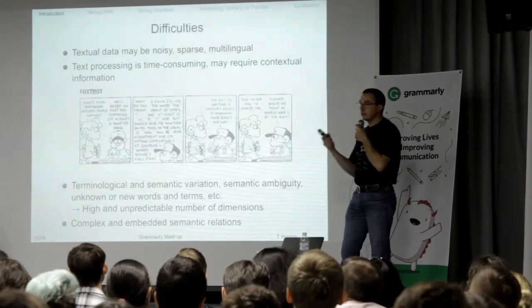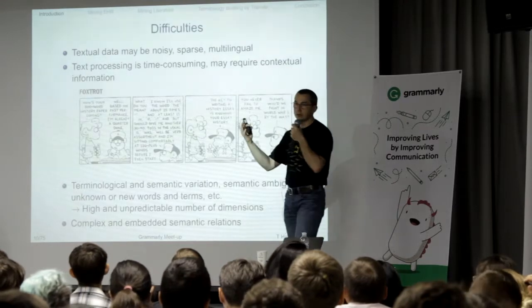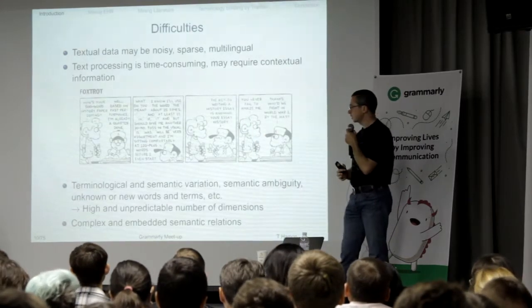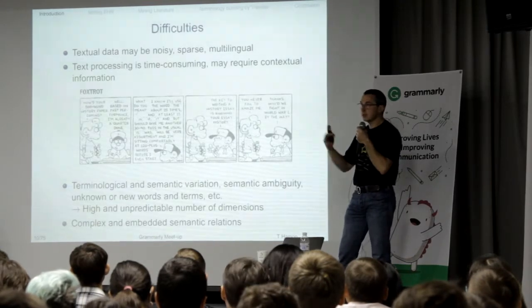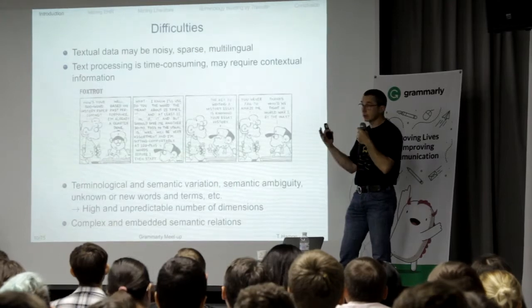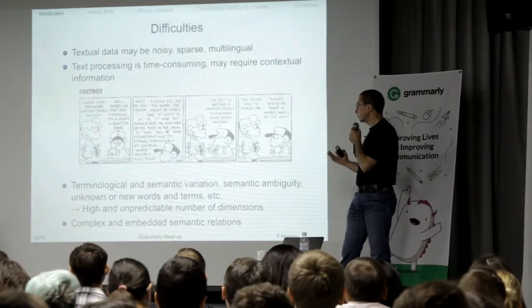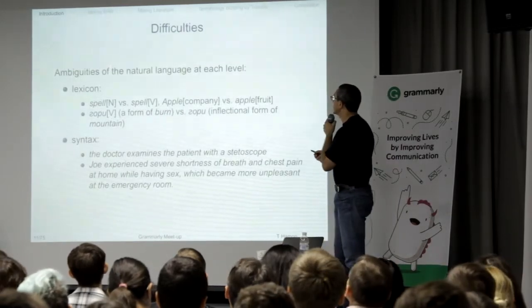So that also means that if you consider text like a space model, there is a high or unpredictable number of dimensions in your space. So ambiguity.